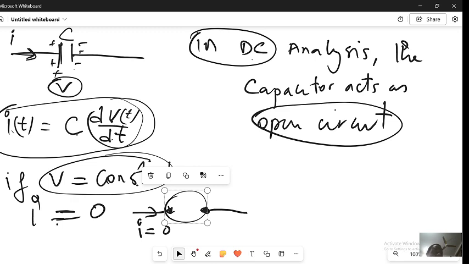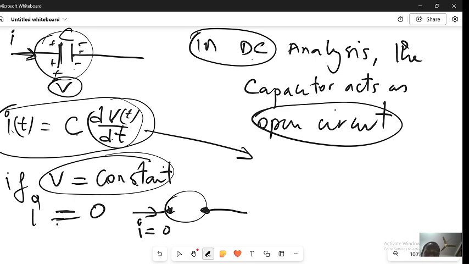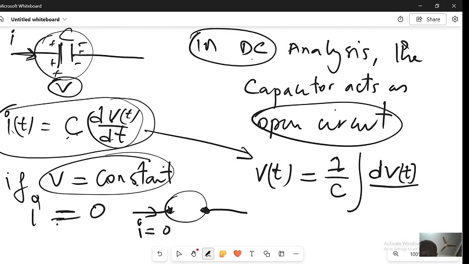Now, if from this formula I want to determine the voltage across the capacitor, v(t) is going to be equal to 1 by C integration of... no, it's not like that.